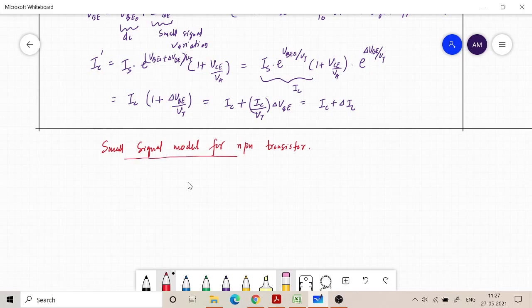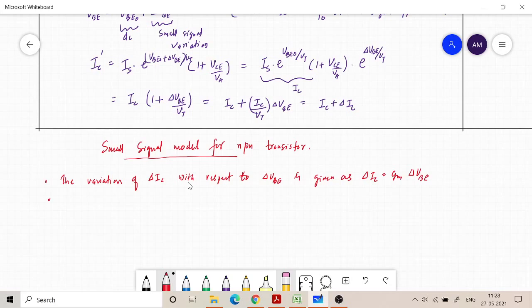The variation of delta IC with respect to delta VBE is given as delta IC equal to GM into delta VBE. So that is what we saw first.